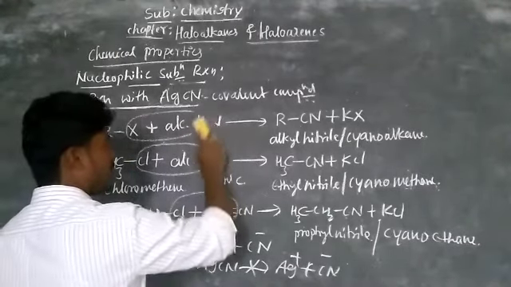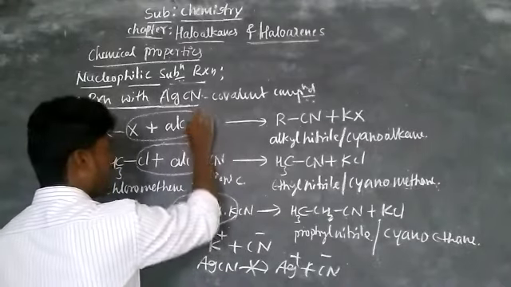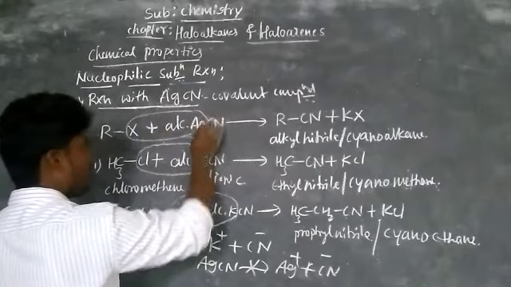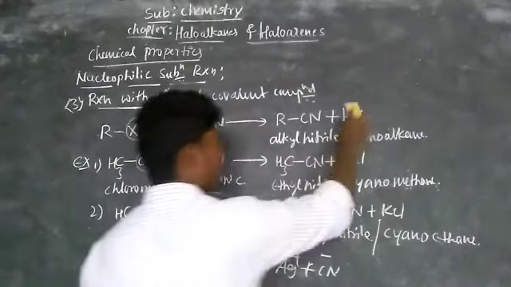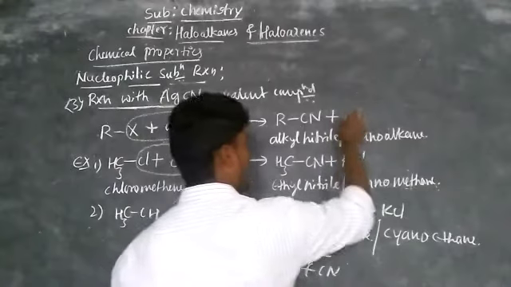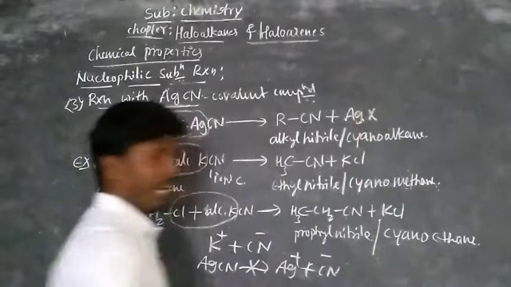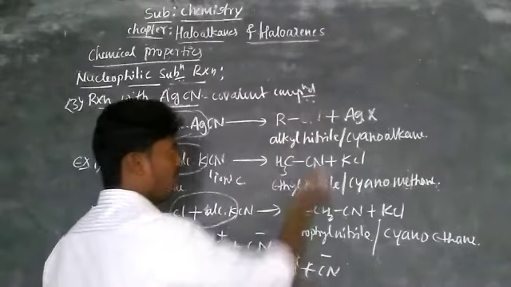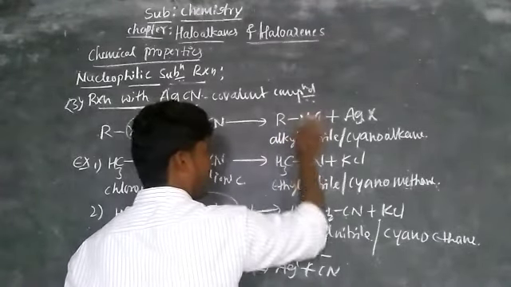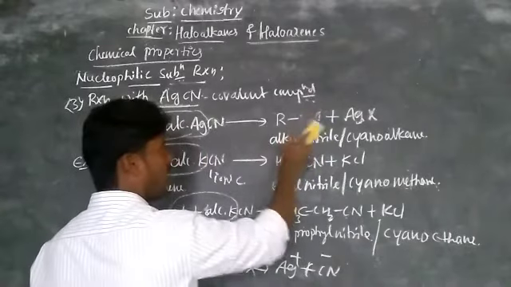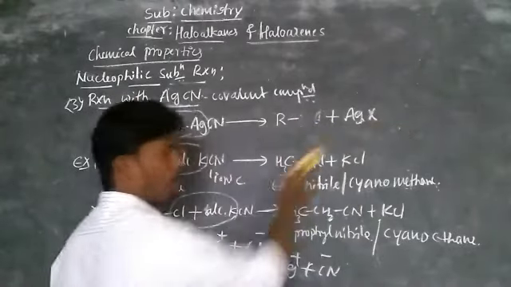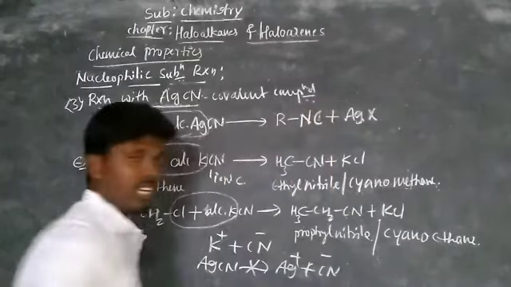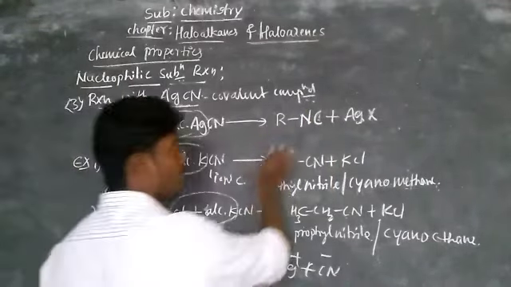That is how it changes: if you take silver cyanide AgCN, Ag and X becomes AgX, and the atoms are interchanged. That means RCN becomes RNC, and the resultant compound we call isonitrile.